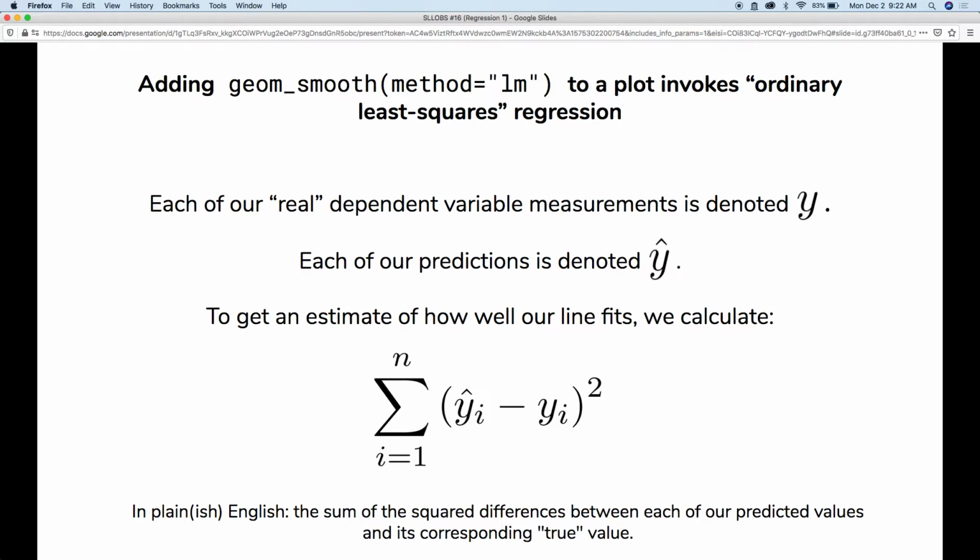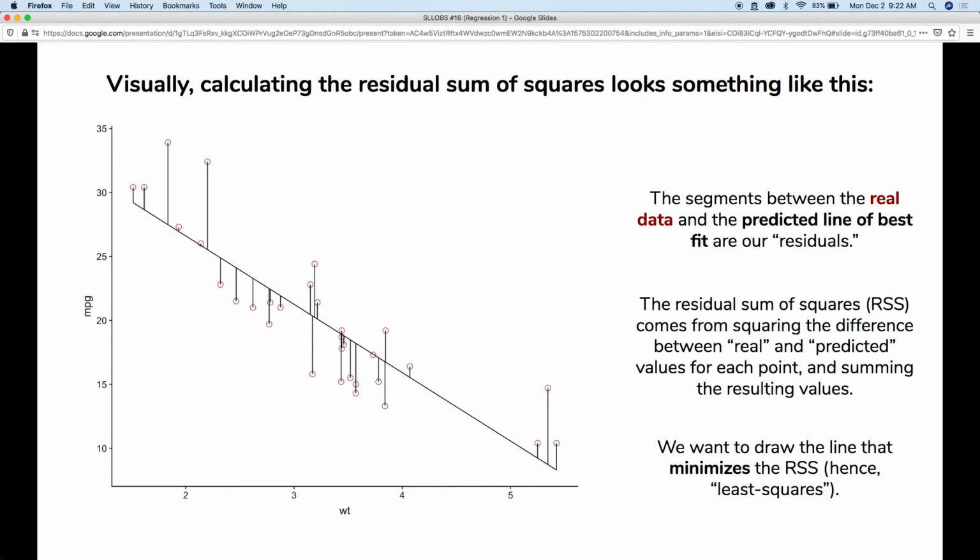So we square it to get rid of the negatives, and we take the sum of these squared differences for every single data point in our data set. And this sum of squares is essentially our measurement of how good our predictions match our real data. And ultimately, what we're trying to do when we fit ordinary least squares is minimize this sum of squares, this residual sum of squares. And that'll give us the best fitting possible line.